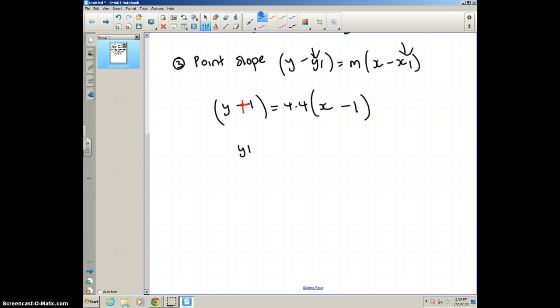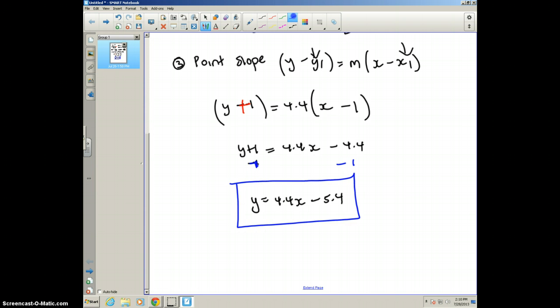So we have y plus 1 equals 4.4x minus 4.4. And we're going to subtract 1. So -1 and -1. So we're going to be left finally with the equation y equals 4.4x minus 5.4. And this right here is our solution to the problem.